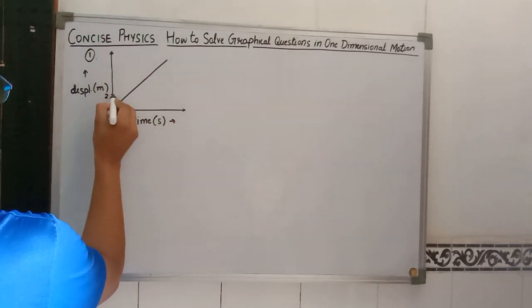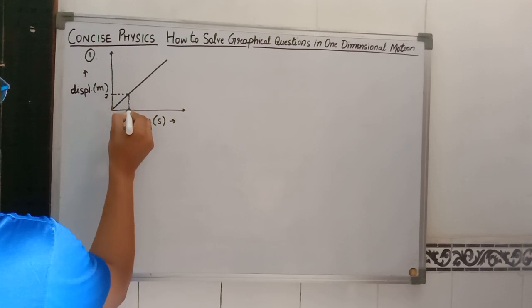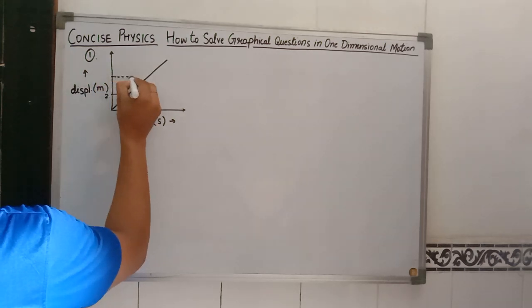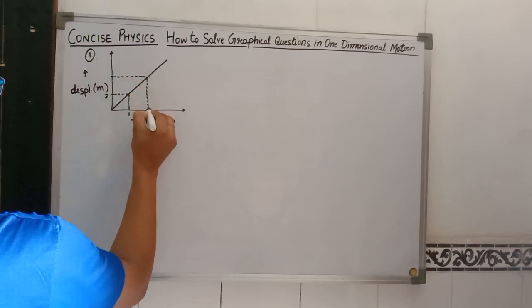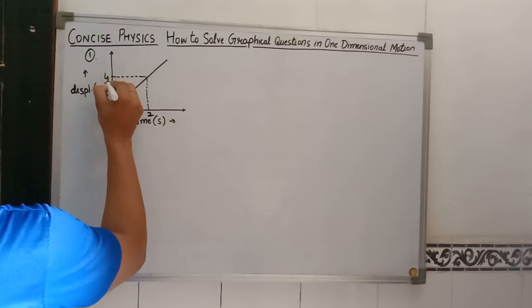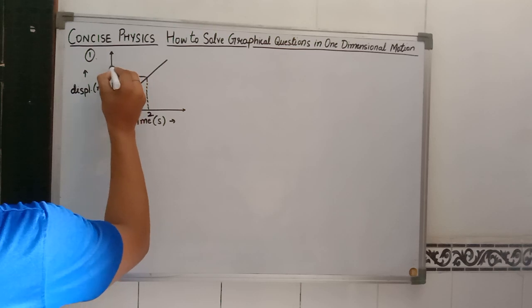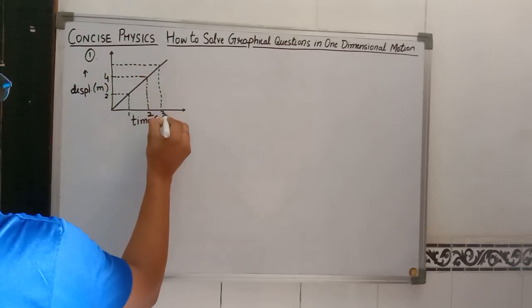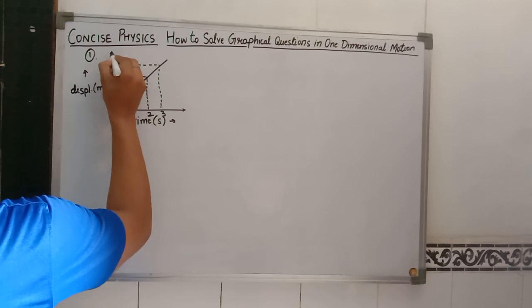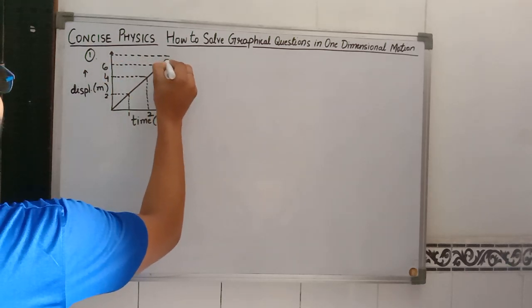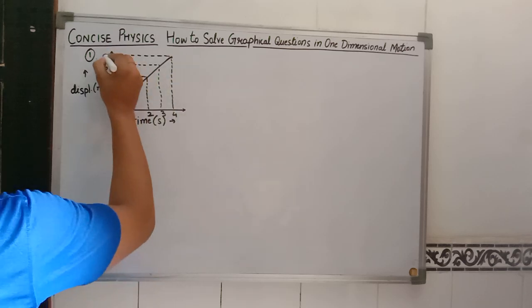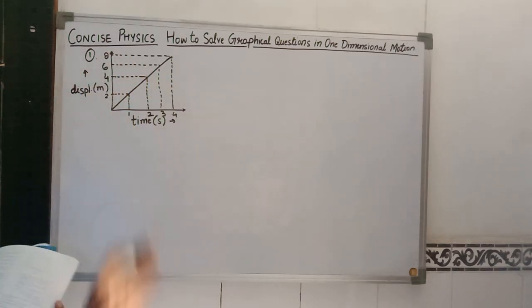In front of 2 there is 1 second, and in front of 4 there is 2 seconds, and there is 4 meter. After that there is 6 meter, so 3 seconds, and at last 8 meter and here 4 seconds. So the graph is a displacement time graph.